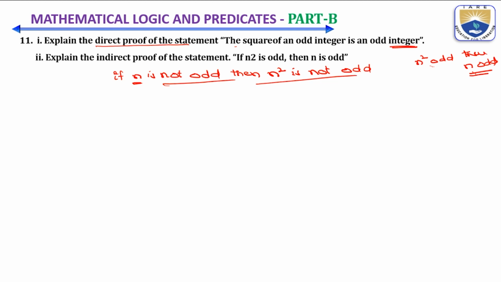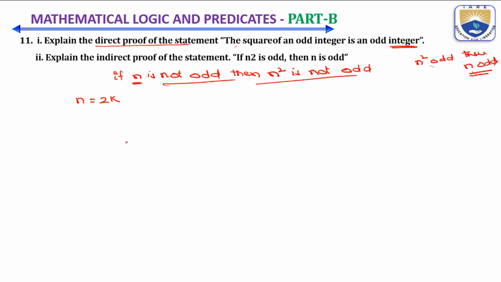So we are going to prove this. n is not odd means n is even. So both are the same. We are going to say that n is equal to 2k.